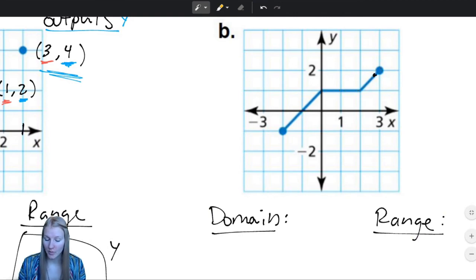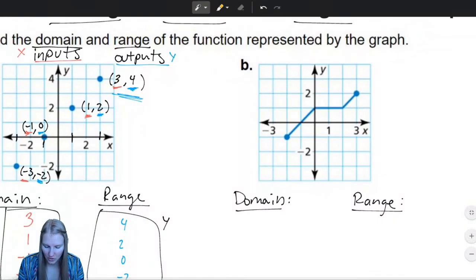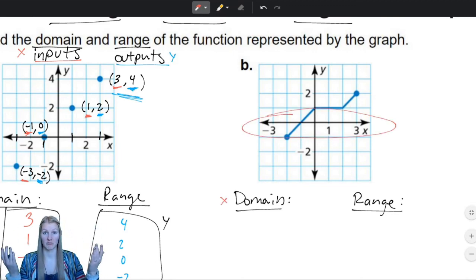So, in part B, when we have a solid line connecting points like this, we're not going to break it down into the coordinates of every single point. That would be too much. Instead, we're going to look at all of the x values together.